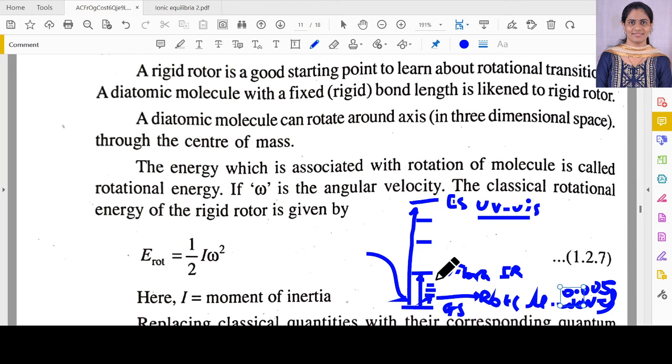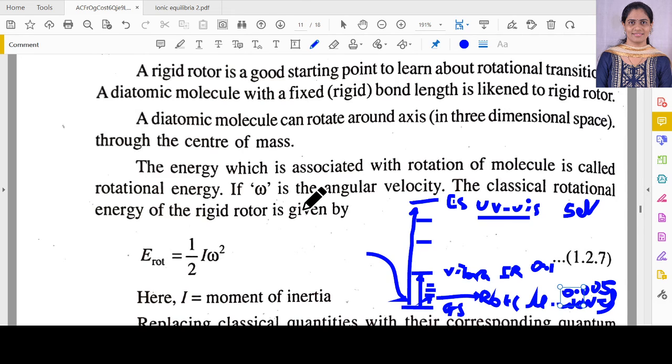This IR gap is a little higher, 0.1 electron volt. And for electronic transitions this gap is very high, 5 electron volt. So you can compare how much energy is required for each transition. Remember the selection rule: it is plus minus 1 everywhere.